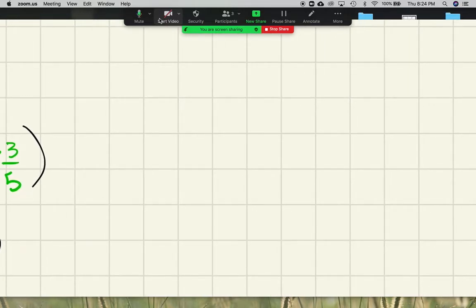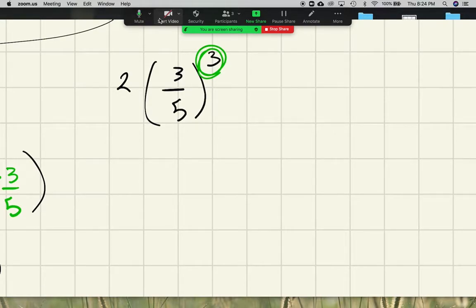Okay. So I think what it was, something like this. Like we know that this 3 is the exponent, so write down the base, which is the 3 over 5, write down that base 3 times, and then multiply.